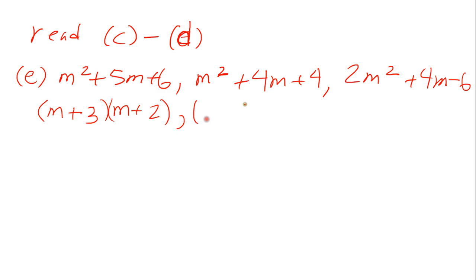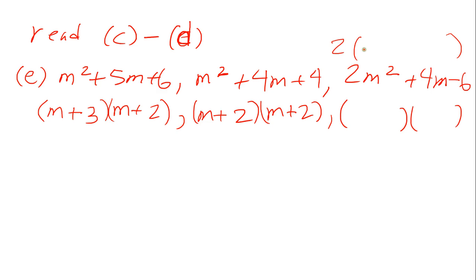So for this, see if this factors. We have m plus 2 and m plus 2. And this one, a little bit trickier, but actually a 2 factors out. So really you have 2 times m squared plus 2m minus 3.